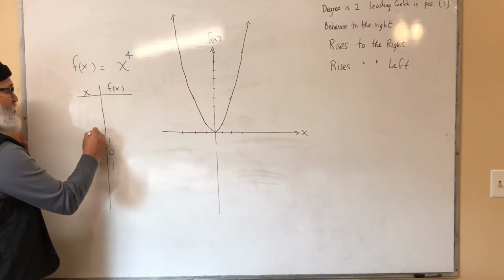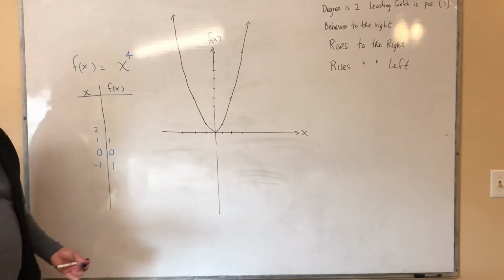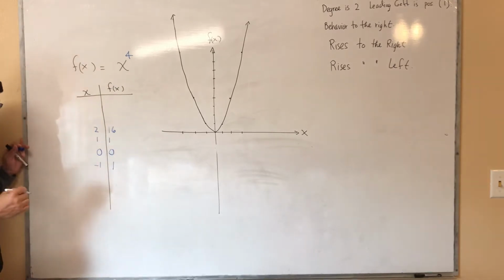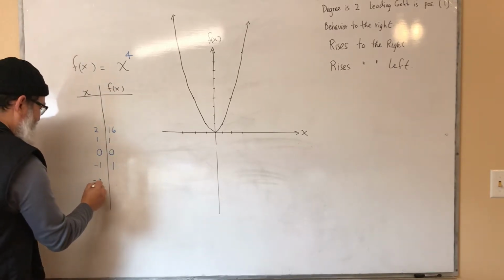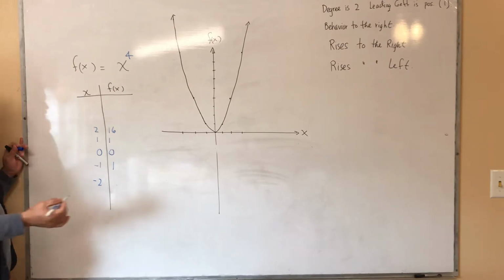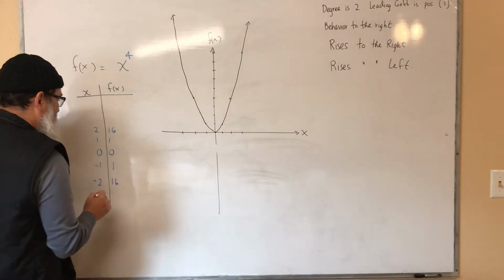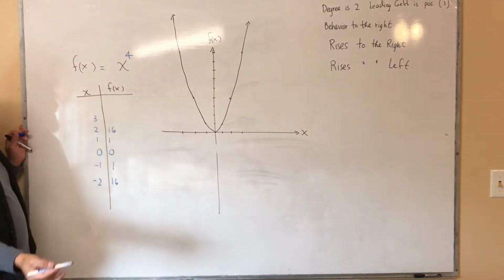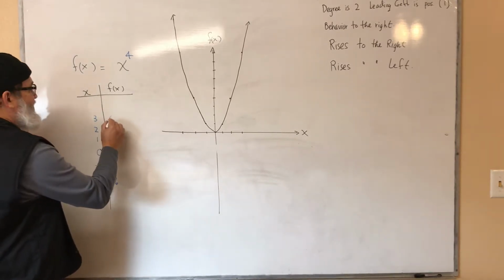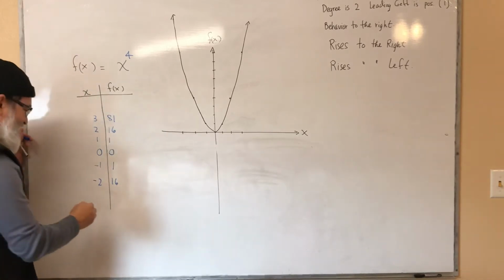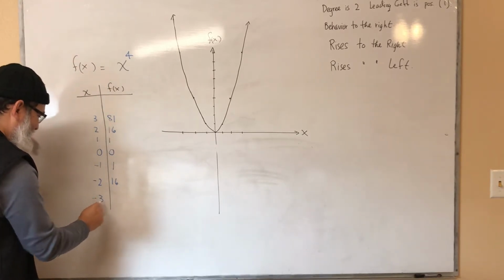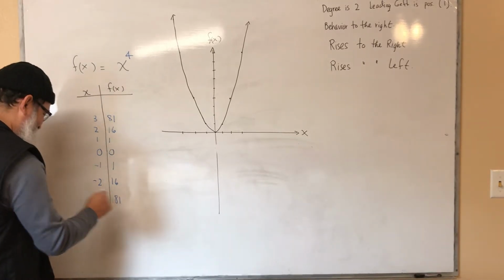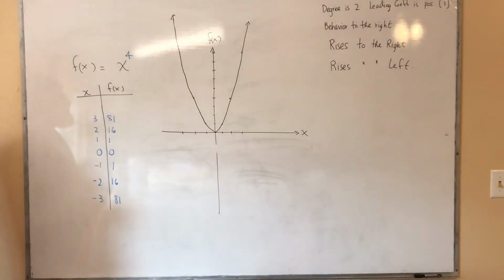If x equals 2, what's 2 to the 4th power? 16. If x equals -2, what's -2 to the 4th power? 16. If x equals 3, what's 3 to the 4th power? 81. If x equals -3, what's -3 to the 4th power? 81. I'm going to graph it.